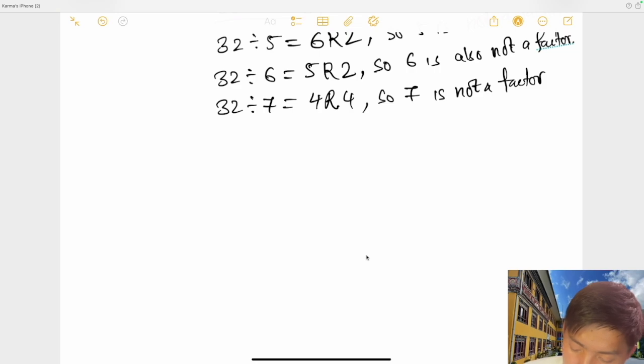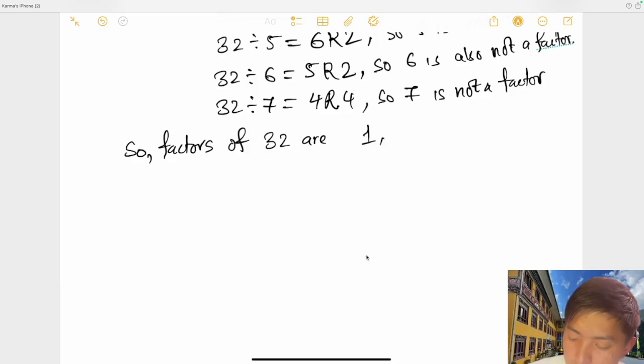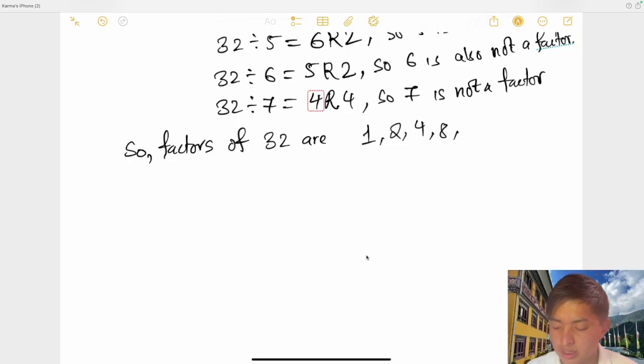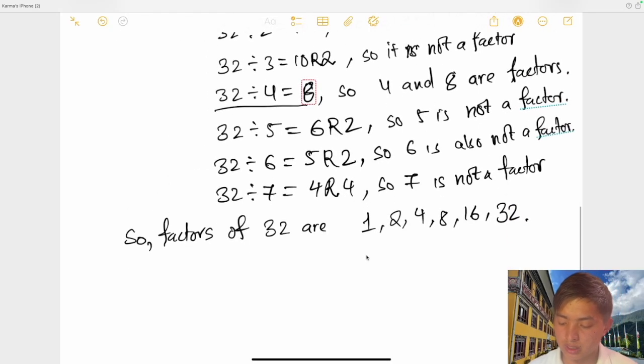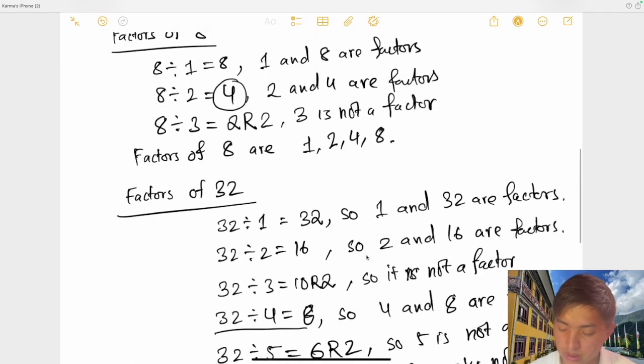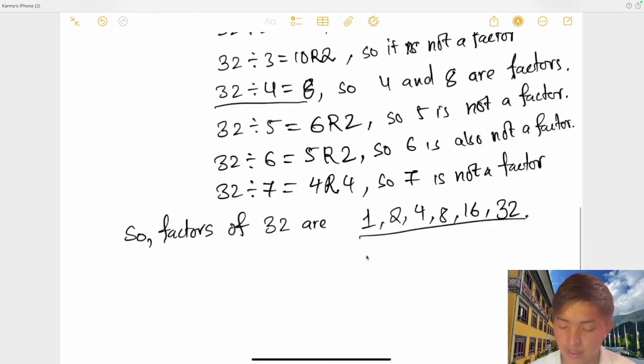So factors of 32 are 1, 2, 4, 8, 16 and 32. Now these are the factors of 32, whereas these are the factors of 8.